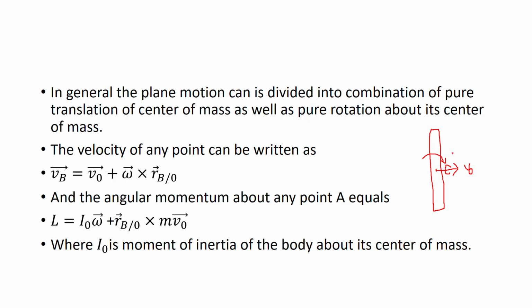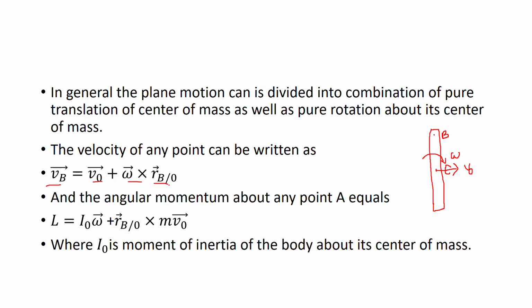In order to determine the velocity of any other point, we are assuming that V0 is known and omega is known. Suppose this is our point B. So the velocity of point B will be VB equals V0 plus omega cross RBO.